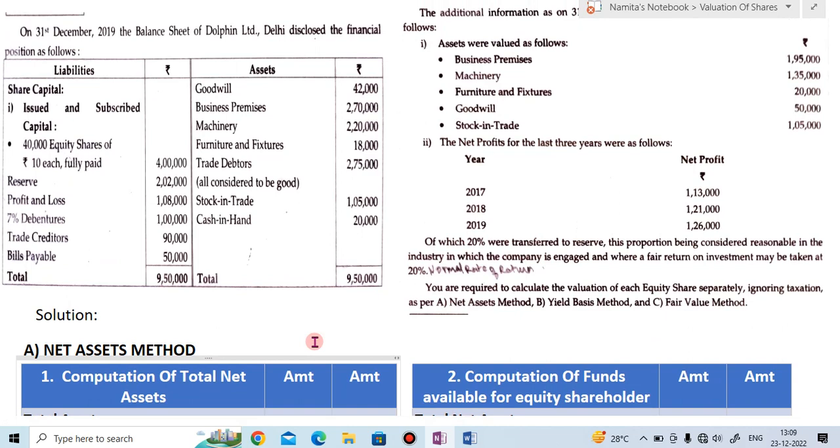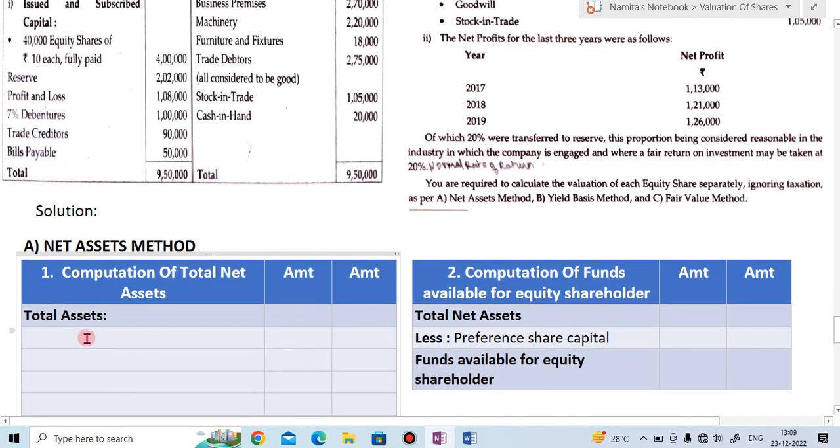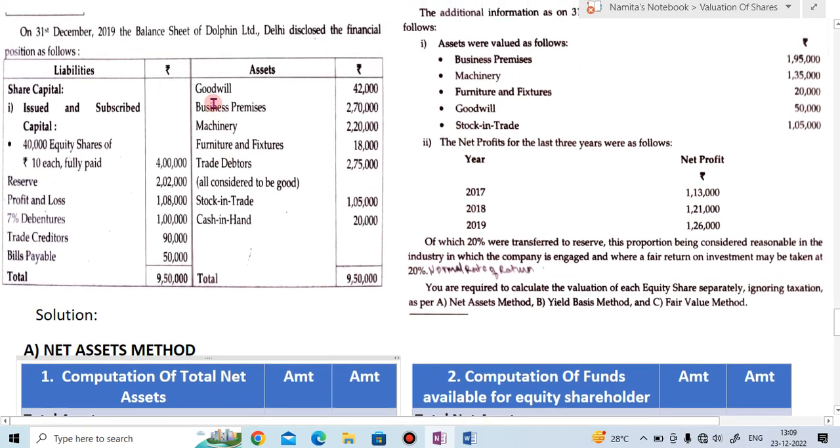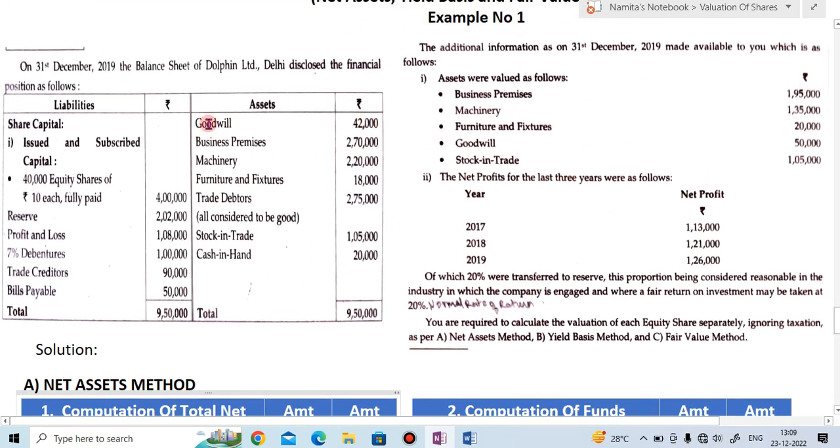Now for total assets, first we'll take goodwill. The first asset is goodwill. Will we take the amount which is given in the balance sheet? No, because in the additional information goodwill is revalued. The book value in the balance sheet for goodwill is 42,000, but this 42,000 is revalued to 50,000.